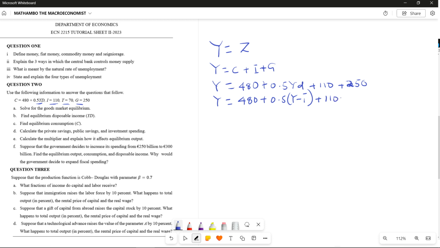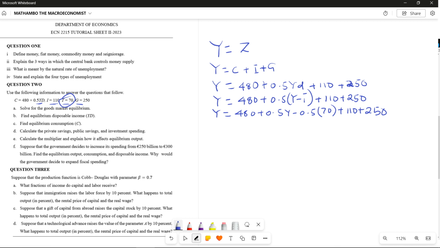Then plus the 110 plus the 250. So our Y is equal to 480 plus, opening the brackets, 0.5Y minus 0.5T, but we've been told that T is equal to 70, so this will be 0.5 of 70, and then plus 110 plus 250.